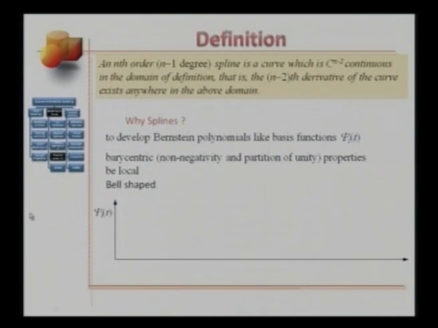Say, for example, if you are trying to plot different spline basis functions, psi i's, one of those will look like this, for parameter values between t0 and t3. The second one will maybe look like this, in between t1 and t4. The third one may look like this, between t2 and t5. And we can keep on going until the final one may look like this.